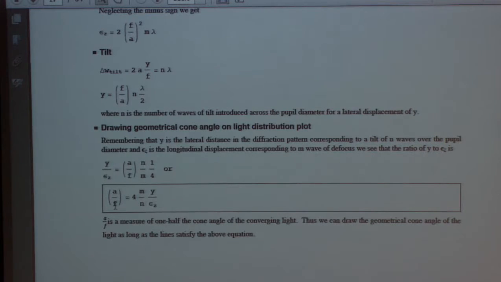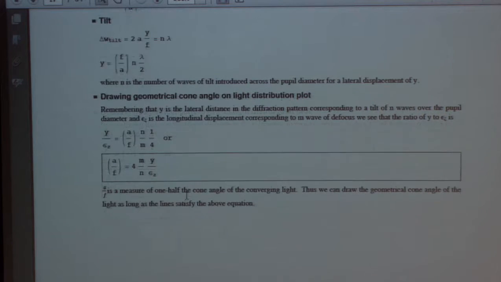Or I can write that a over f is 4m over n, y over epsilon sub z. Now a over f here is 1/2 the cone angle of the light. And so I can draw the geometric cone angle of the light as long as the lines I draw satisfy this equation here.